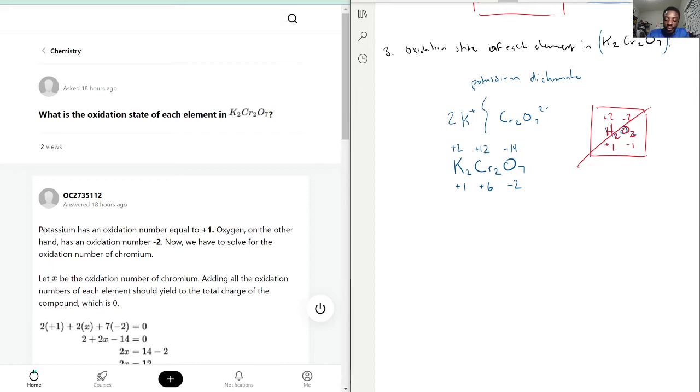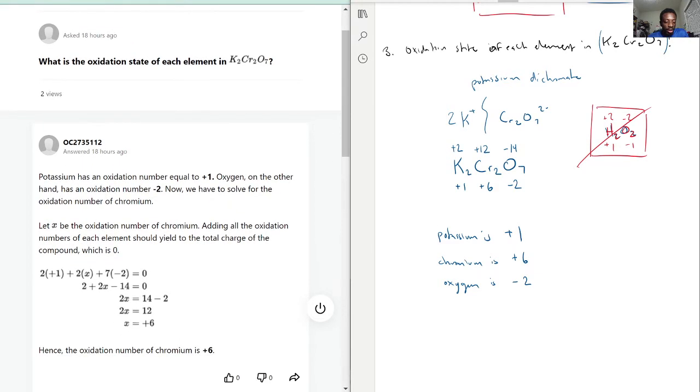So now they're asking, as the question says, the oxidation state of each element in potassium dichromate. We have potassium is going to be +1, chromium is +6, and oxygen is -2. At least that's what this would be, specifically to make sure that the compound ends up with a net charge of 0.